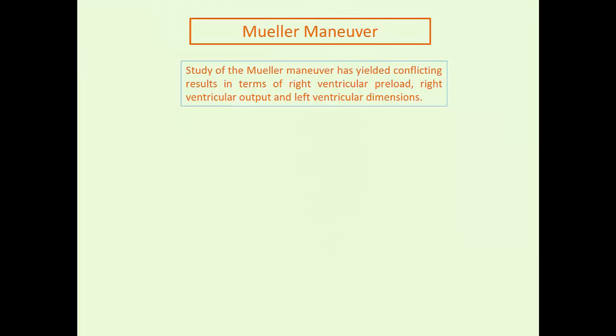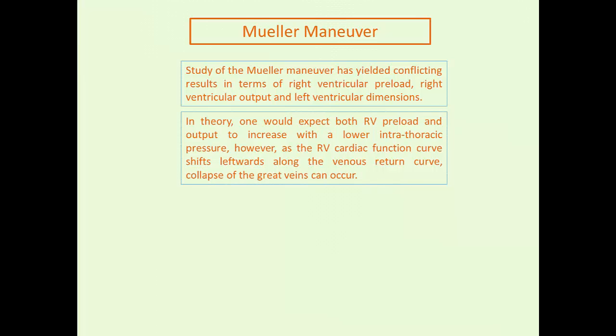So we've talked about the Mueller, that is just a decrease in intrathoracic pressure without a change in lung volume. And you may pull up 5 or 10 articles and you actually may get 5 or 10 conflicting results as to how the Mueller maneuver affects right ventricular preload, right ventricular output, and actually left ventricular dimensions, as we just talked about. In theory, one would expect both right ventricular preload and output to increase with a lower intrathoracic pressure.